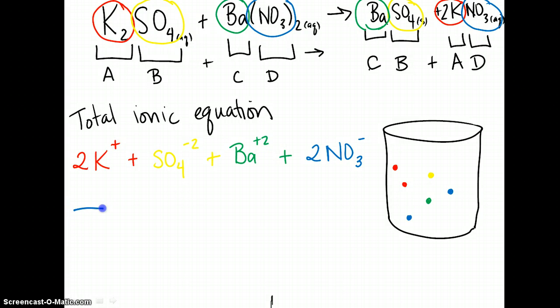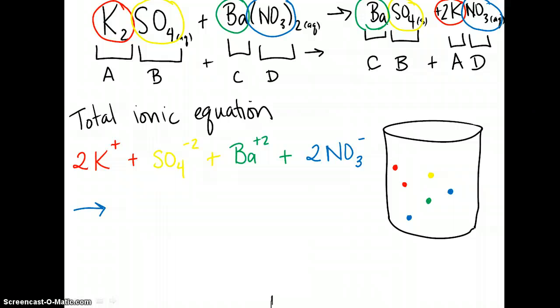So next, what happens next? So next what happens is I'm going to look at that table that I gave you in class, okay? And if I look at that table, this is that sheet of paper, I'm going to notice that things that are soluble mean they're not going to make solids. Those that are insoluble will make solids.